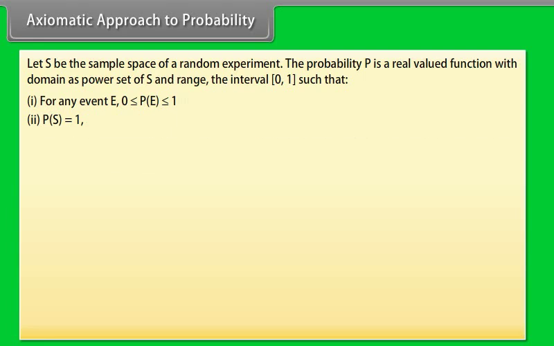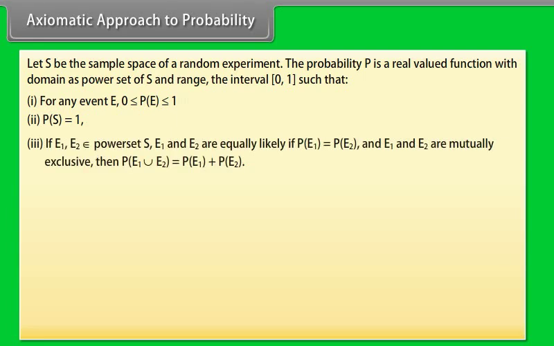And 3. If E1, E2 belong to power set of S, E1 and E2 are equally likely if P(E1) is equal to P(E2), and E1 and E2 are mutually exclusive, then P(E1 union E2) is equal to P(E1) plus P(E2), where P(Ei) is called the probability of event E.